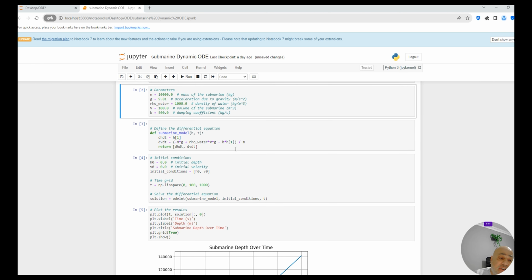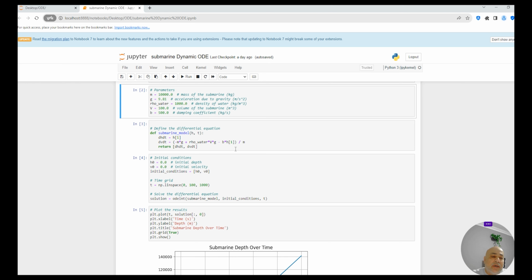Next, I created my model, which is the submarine model, and I passed to that the time and depth. Then I defined dh by dt to equal h1, and defined dv by dt to equal minus m multiplied by g plus rho multiplied by the volume multiplied by g minus the resistance, which is b h1, all divided by m.